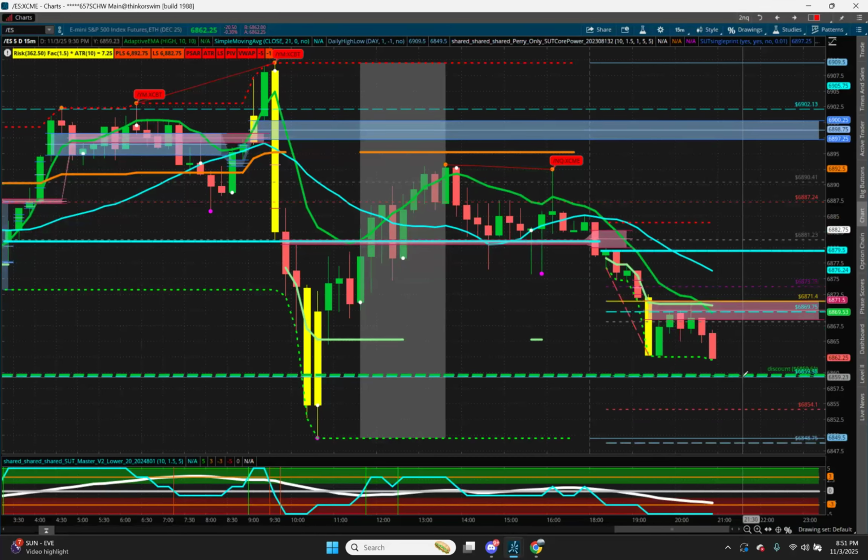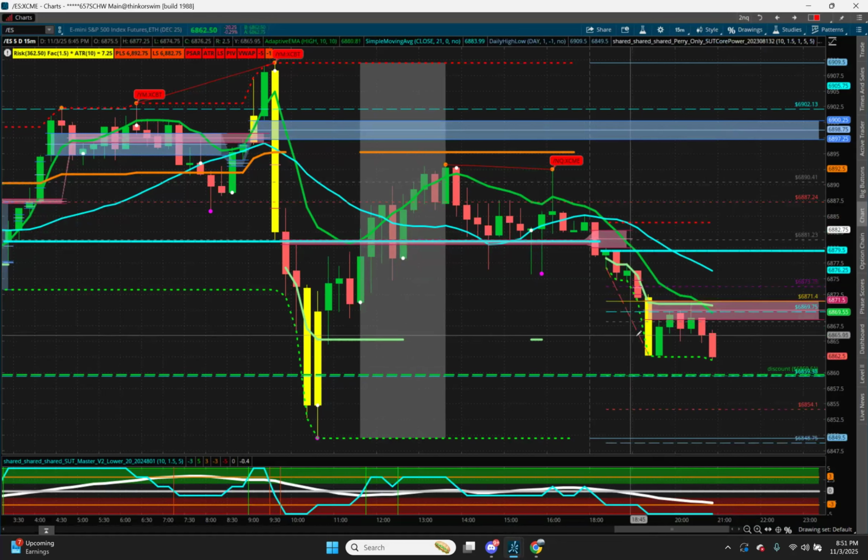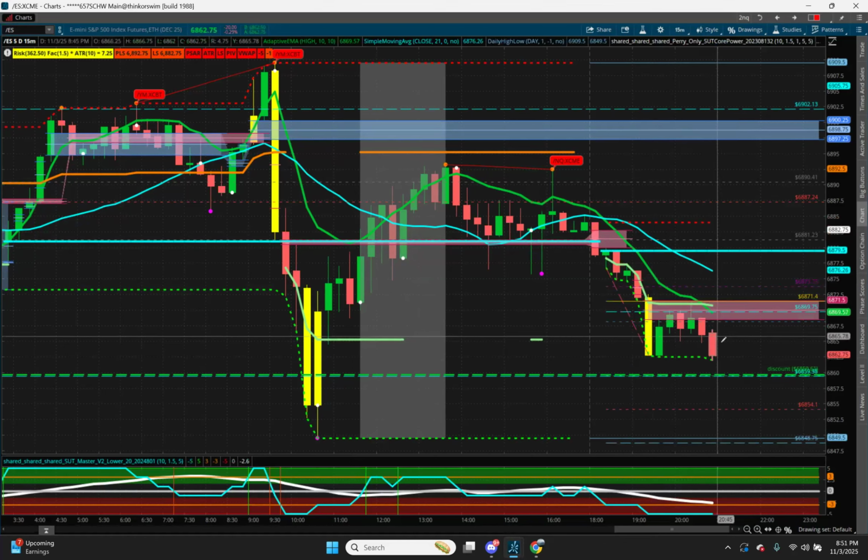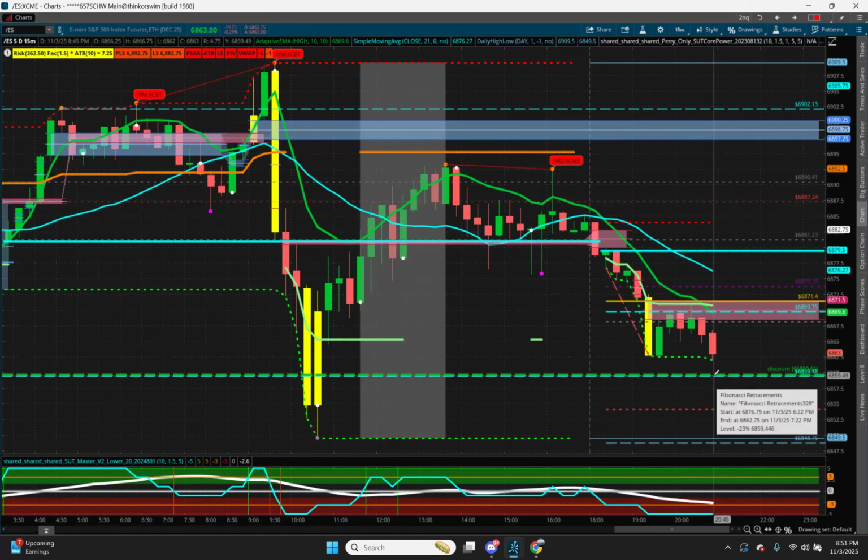So if this extension short completes right now, we could draw that same anchor new low. So let's say there's two possibilities now. We complete this extension short, and if we complete this extension short, it's going to complete at our support that's been holding.